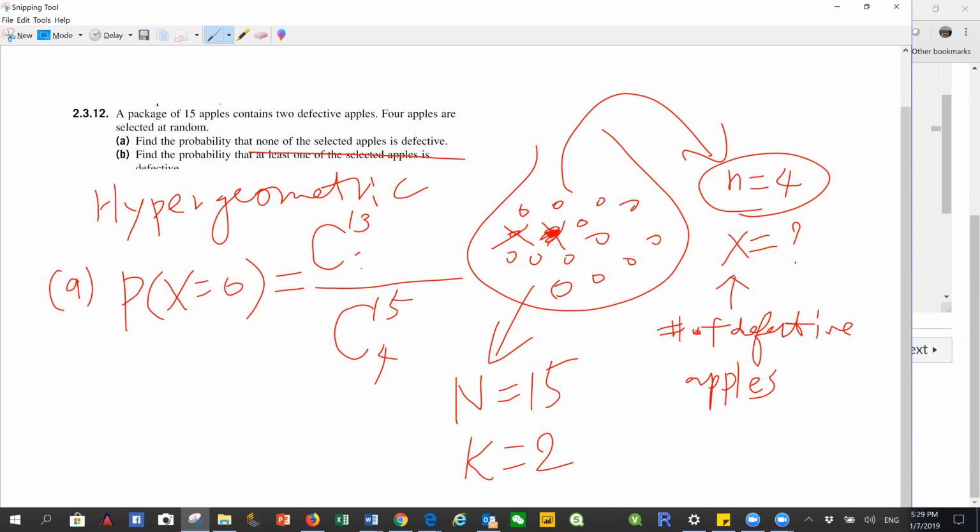So you have 13 good, you take 4 of them, and you multiply this by the combination that from the 2 bad you choose 0. Sometimes you use C, or sometimes you use the other notation. Either way, it will be fine. If you refer to the textbook, you will see different notation, but they are the same.